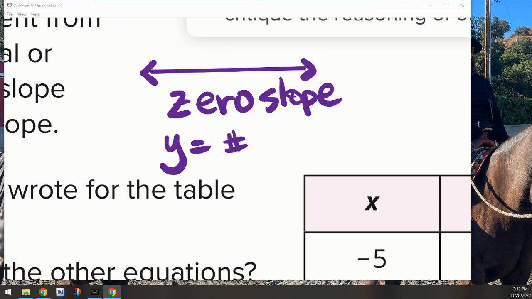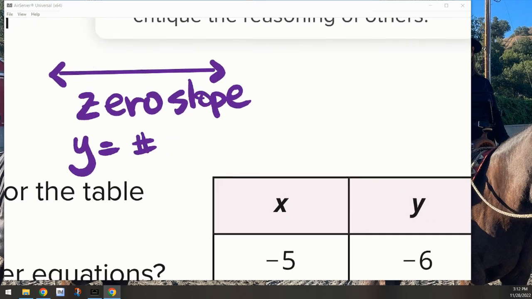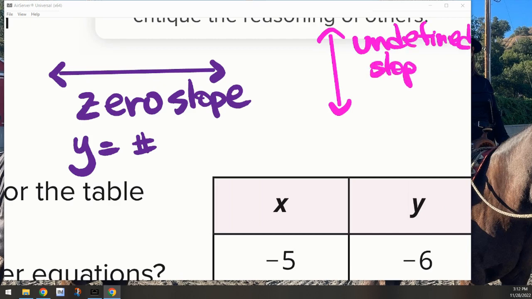Okay? Then we talked about vertical lines. And that is an undefined slope. And it's x equals a number.